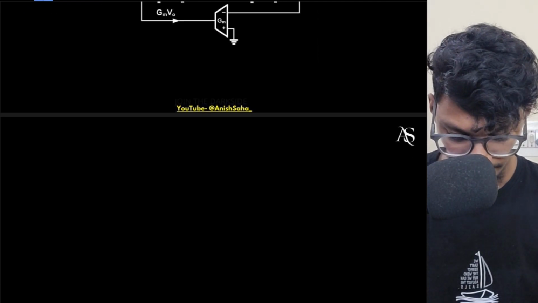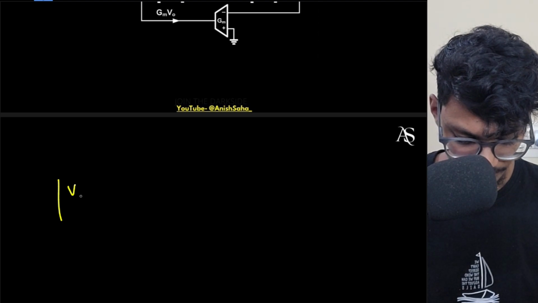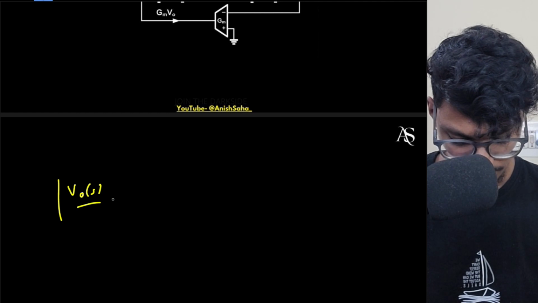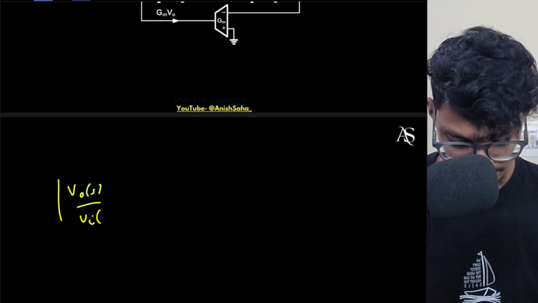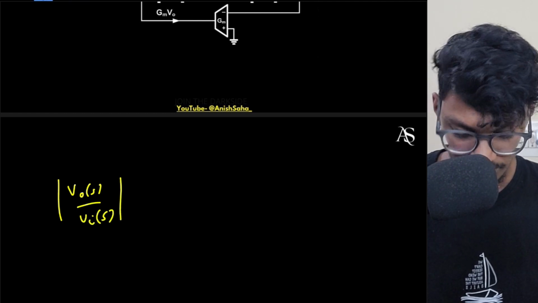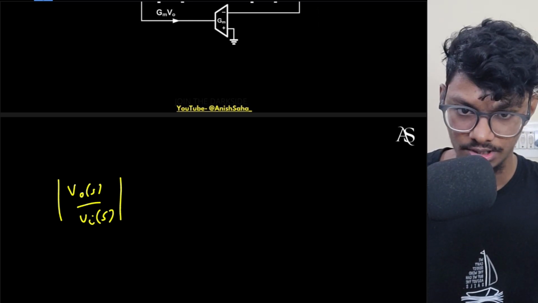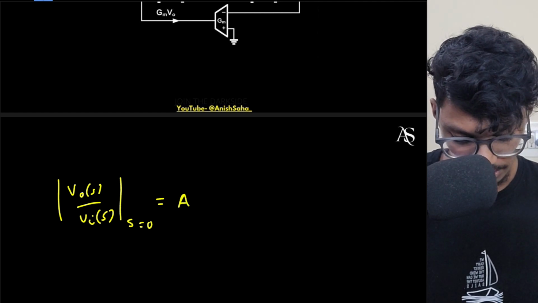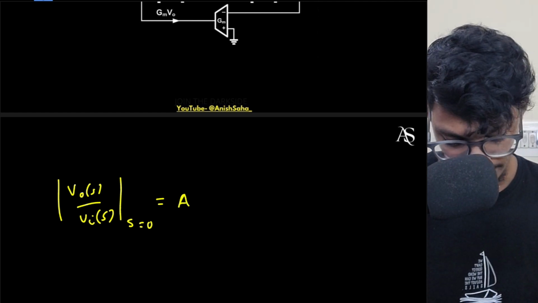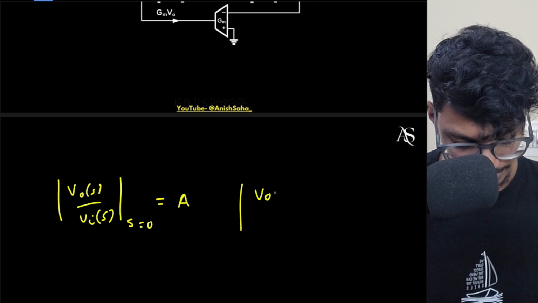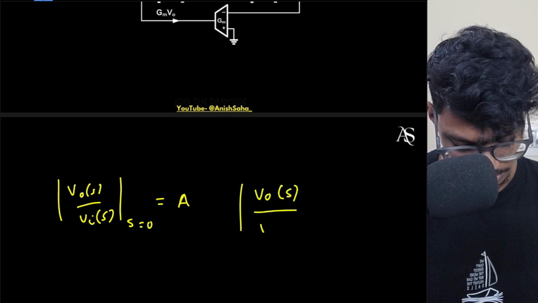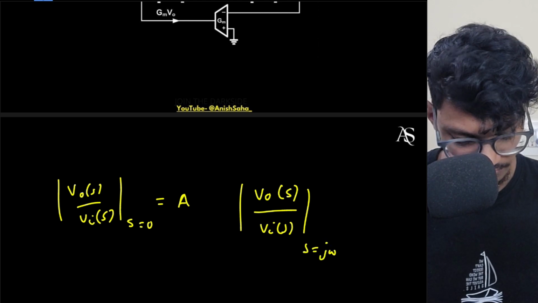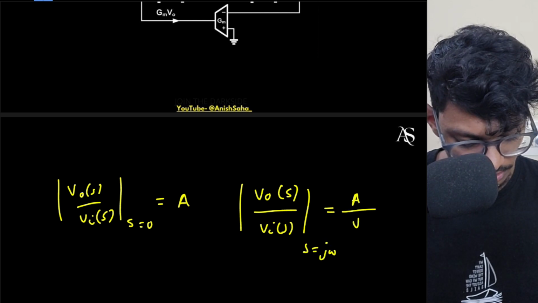So if my V of S over Vi of S at DC, because generally at DC I get the maximum gain, will be some gain A. My magnitude at the 3 dB frequency, S equals j omega for some value, will be A by root 2.